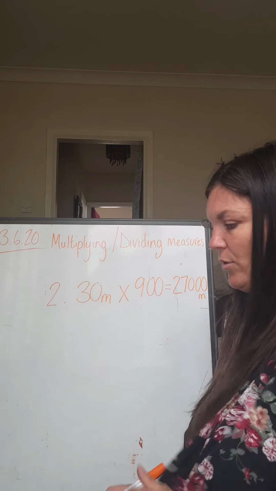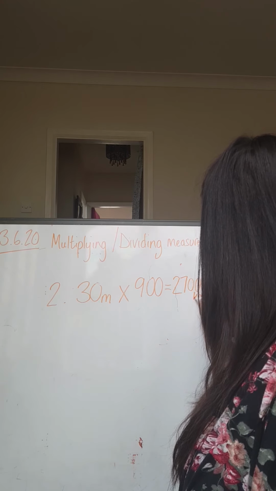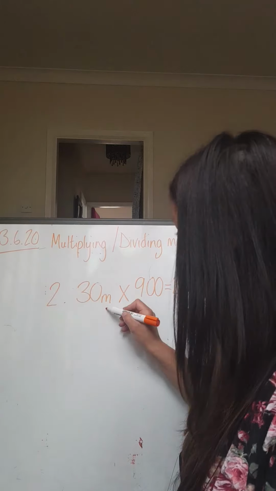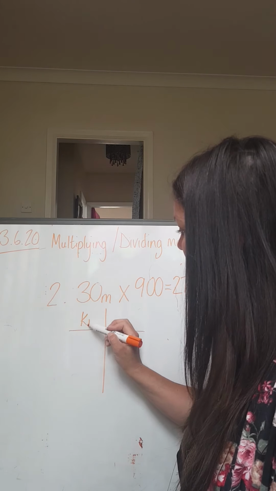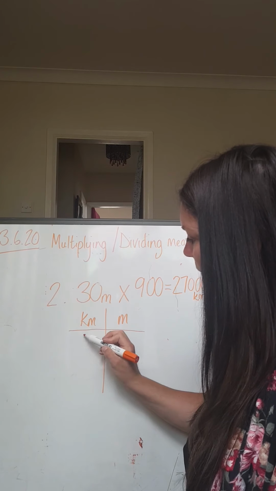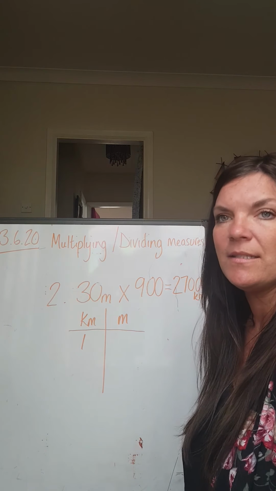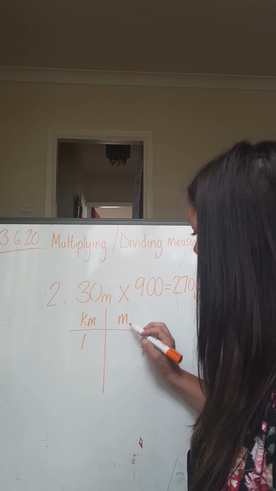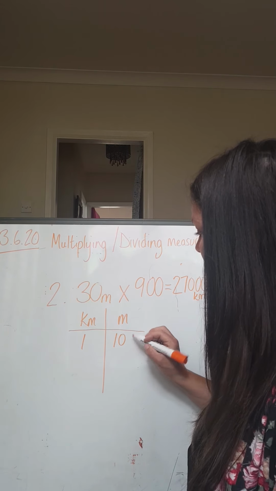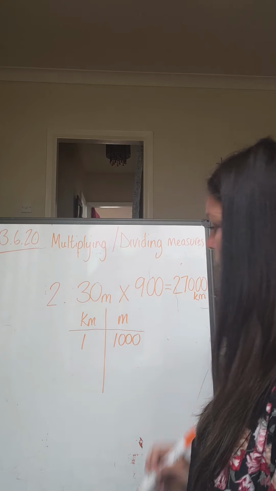But I want the answer in kilometers. So let's work it out again. If I've got a table and I have 1 kilometer on that side, how many meters is that? Well, it's got the prefix kilo in again. So I know that 1 kilometer is 1,000 meters.